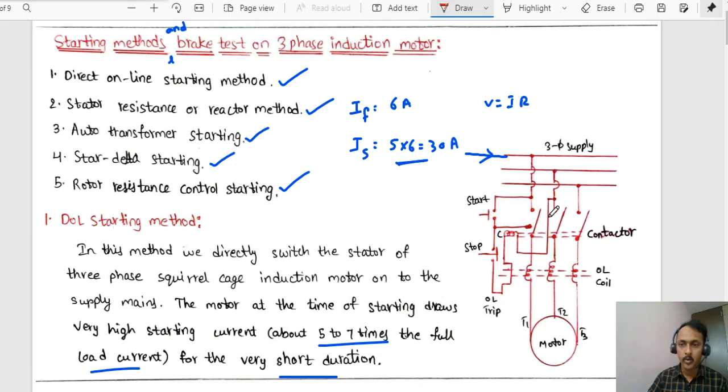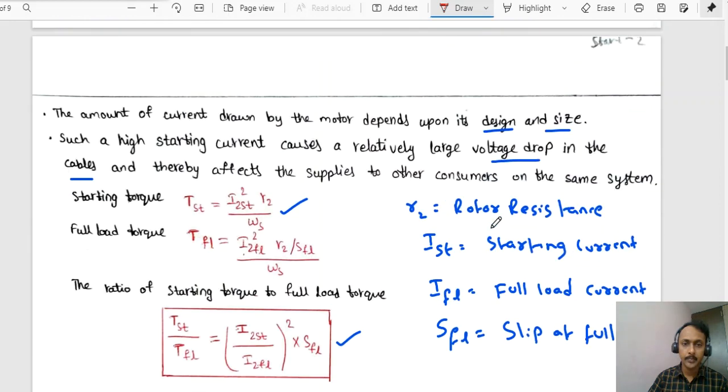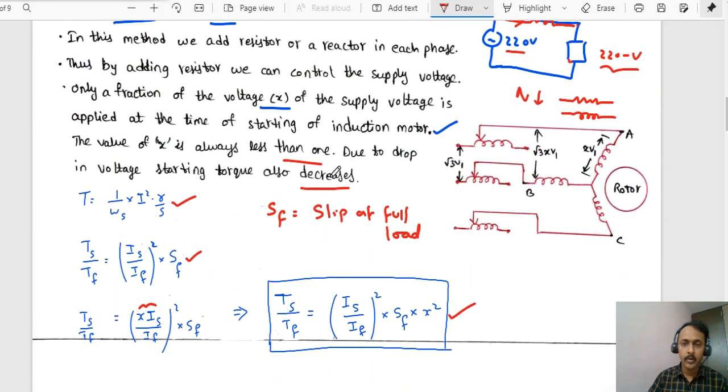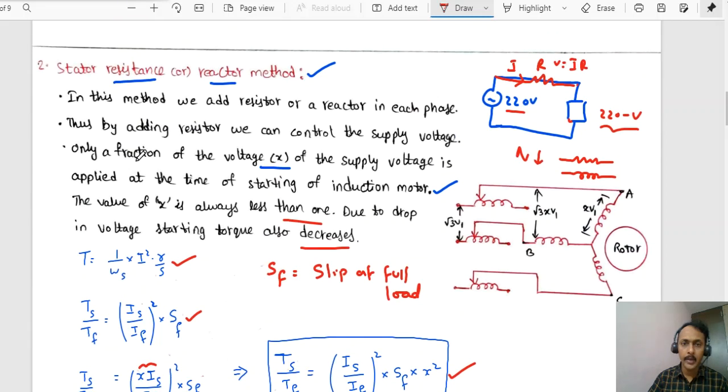The next is the voltage control method: stator resistance or reactor method. Instead of applying the entire voltage, only some fraction of voltage will be applied, either by adding some stator resistance or a reactor. But instead of adding resistance, it is better to add the reactor.